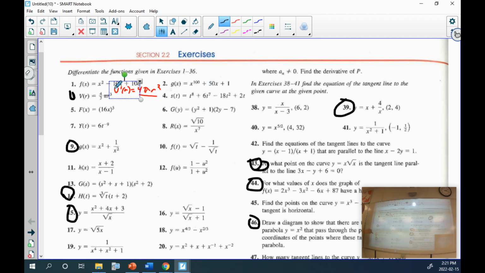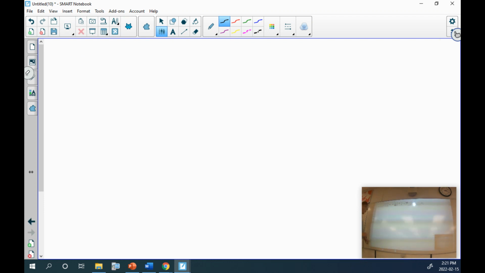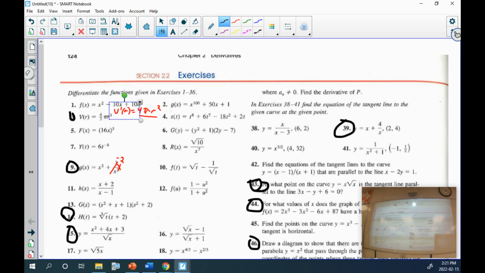Yes, I would write this as x to the negative 2. Okay, so I'm taking the derivative of x squared plus x to the negative 2.